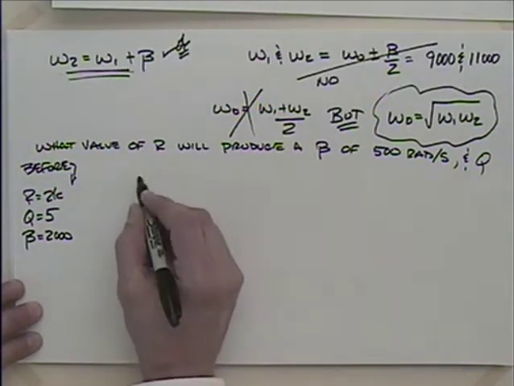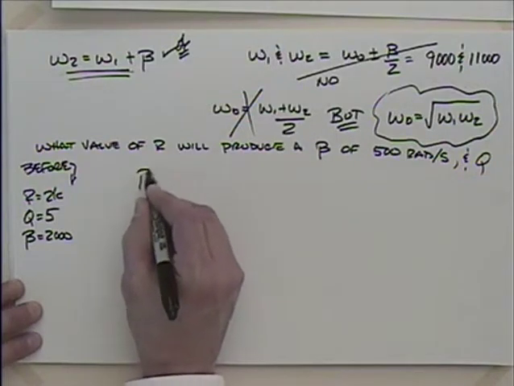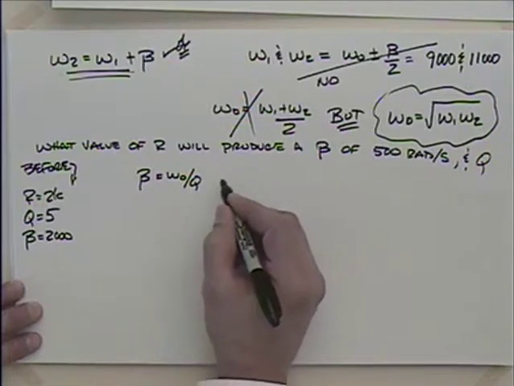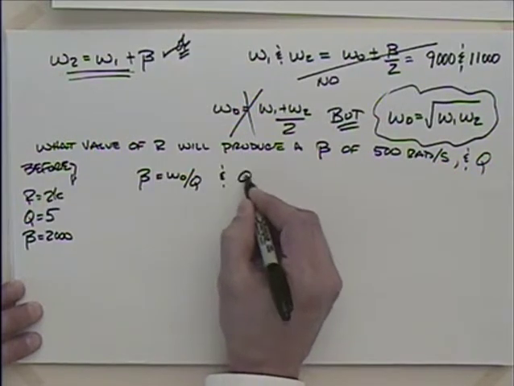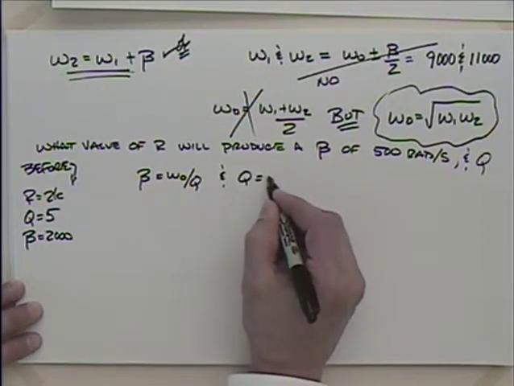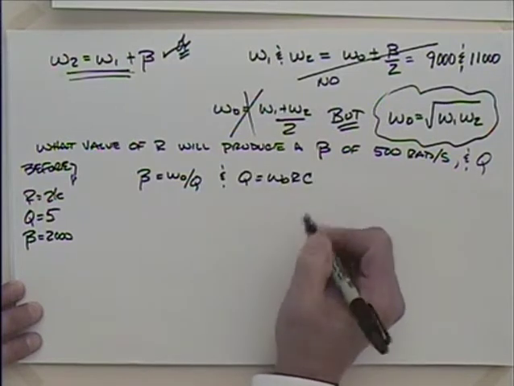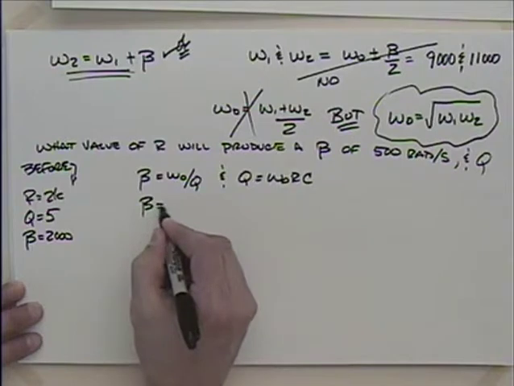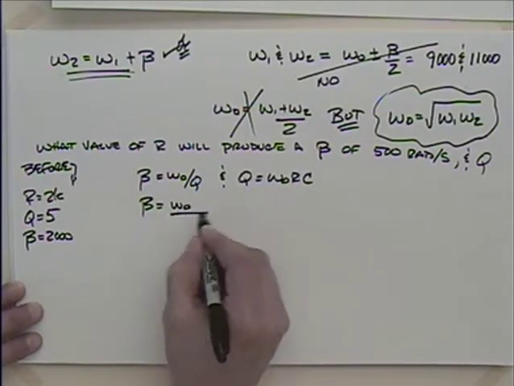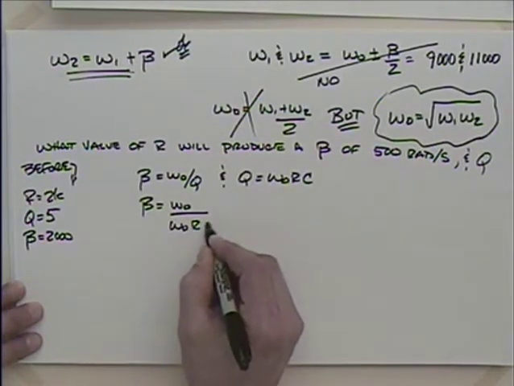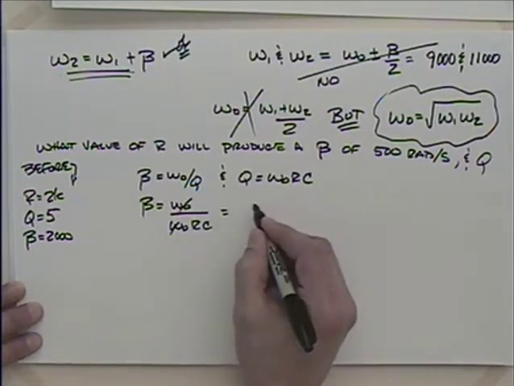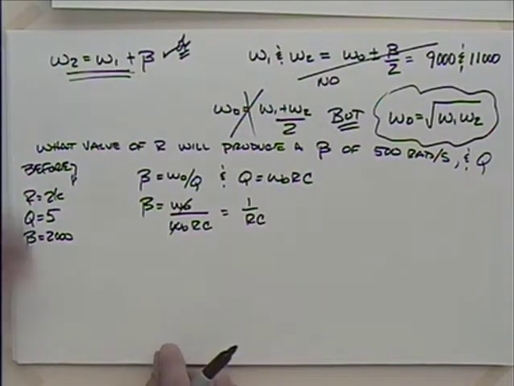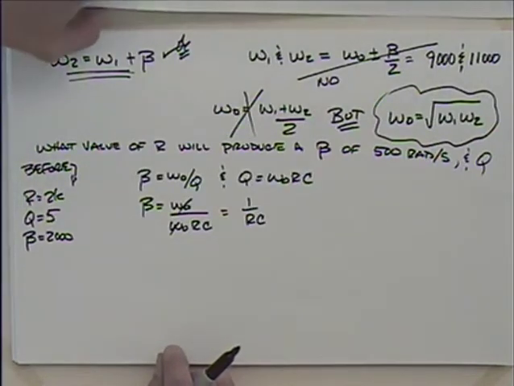Well, I know there are lots of ways to do this, but I could say that bandwidth is equal to omega naught over Q. We've already used that. I could say that Q, the quality, is equal to omega naught times R times C. So the bandwidth is equal to omega naught divided by omega naught RC. I get to cancel that, so I just have 1 over RC.